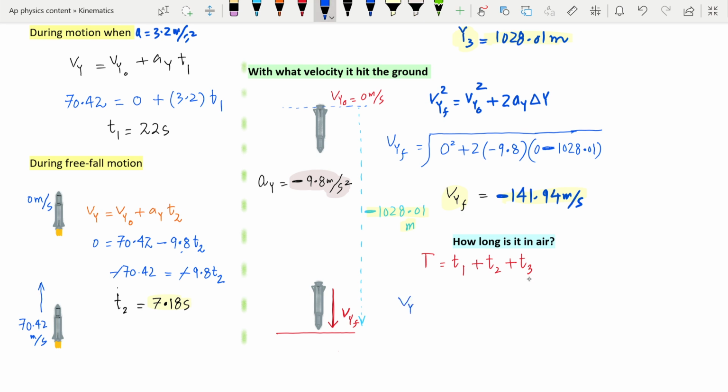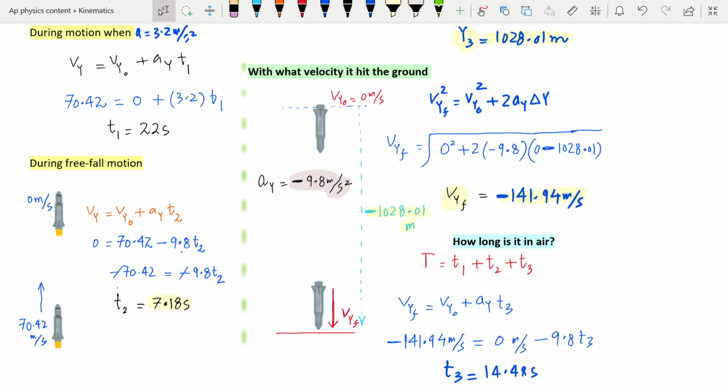Final velocity is equal to initial velocity plus acceleration times t3. What's the final velocity? We just calculated, it is negative 141.94 meter per second, equal to 0 meter per second when it was at maximum height, minus 9.8, the acceleration due to free fall, times t3, which is the time we want to calculate. So t3 will be 14.48 seconds, the time it took to move from this point to this point.